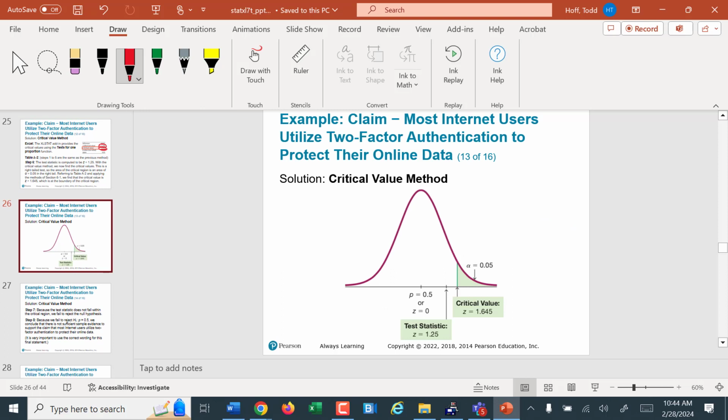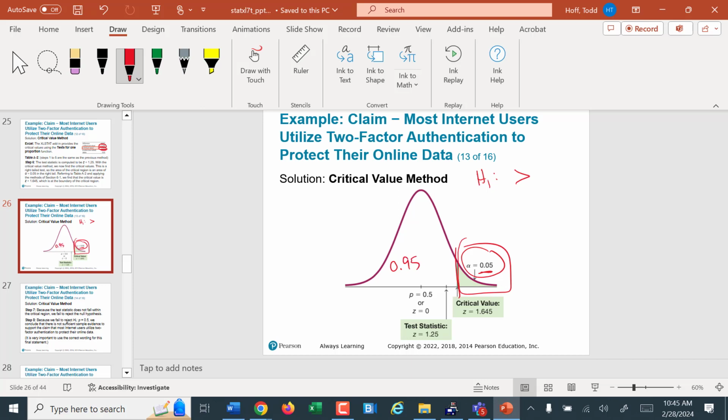So what if we don't have the technology? Well, we're looking at alpha of 0.05, and since the alternative hypothesis is greater than, that means we're looking at the right tail, the greater than side, so we put 0.05 in there. Now again, our table gives us the left side of the probability.